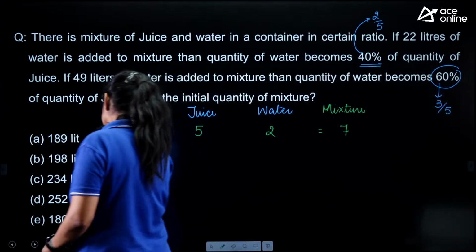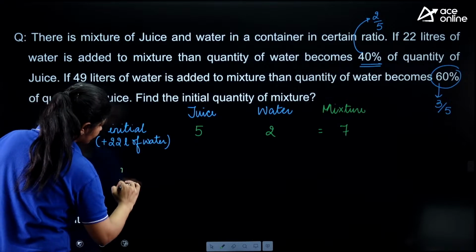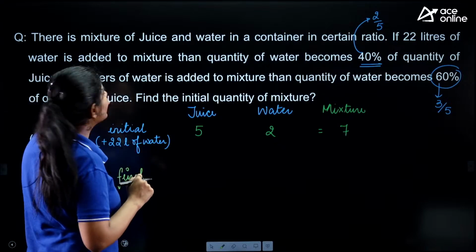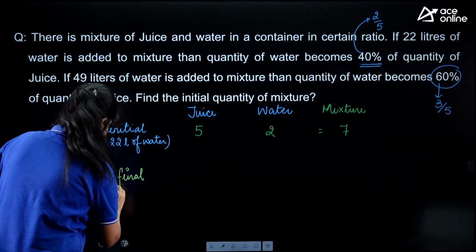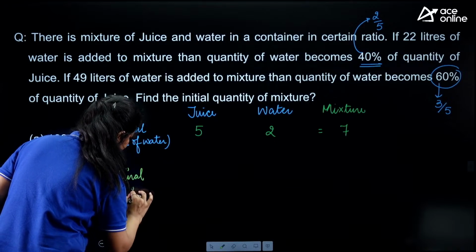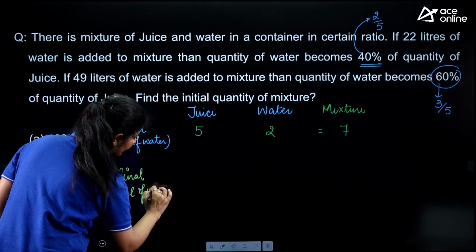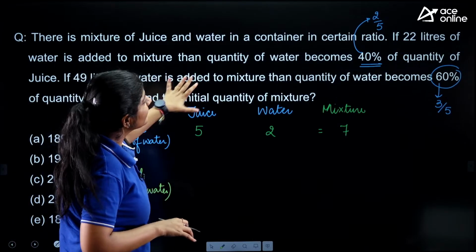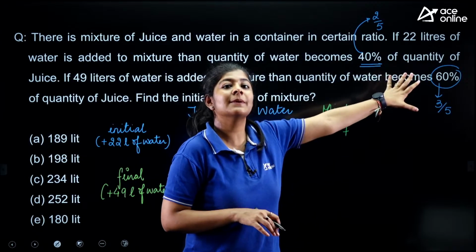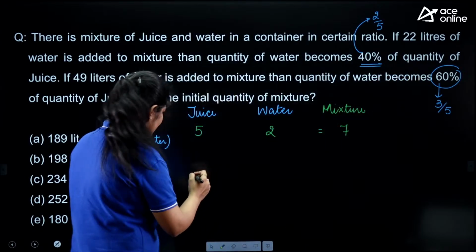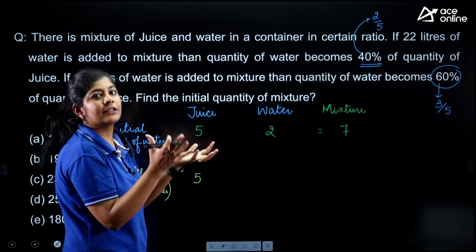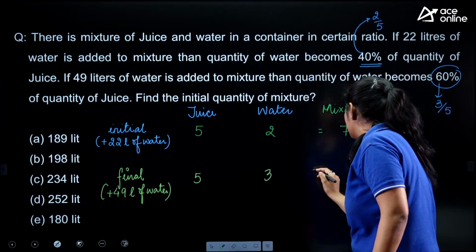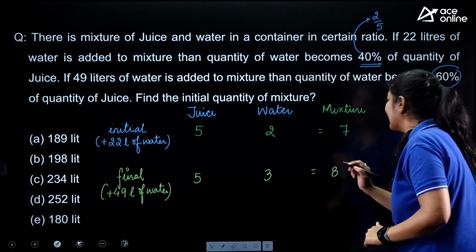Now, in the final condition, we added 49 liters of water. After adding it, the quantity of water becomes 60% of the juice. That means if we have 5 units of juice, we have 3 parts of water, so the total quantity becomes 8.